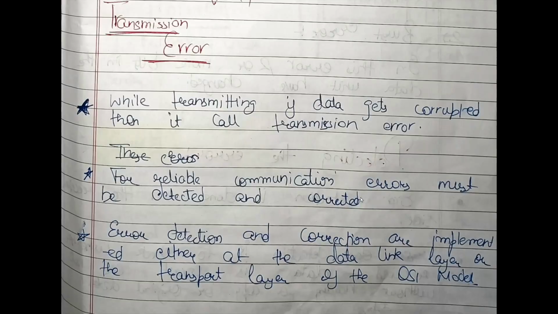Other points are, for reliable communication, errors must be detected and corrected. If you want reliable communication that you can trust, these transmission errors must be detected and corrected. Error detection and correction are implemented either at the data link layer or the transport layer of the OSI model.